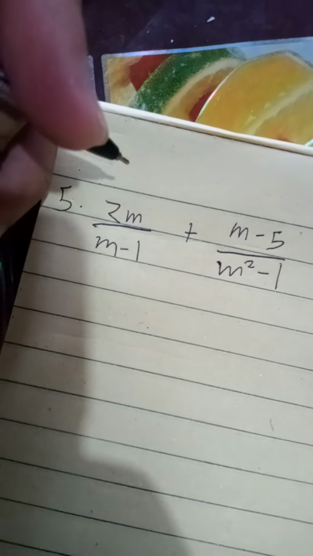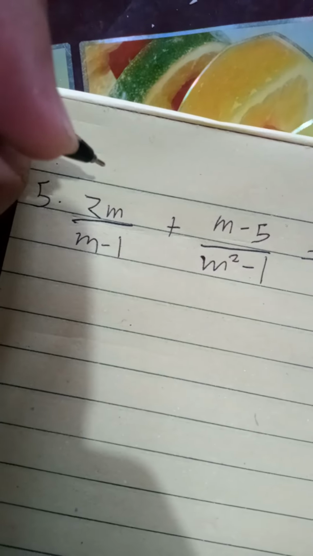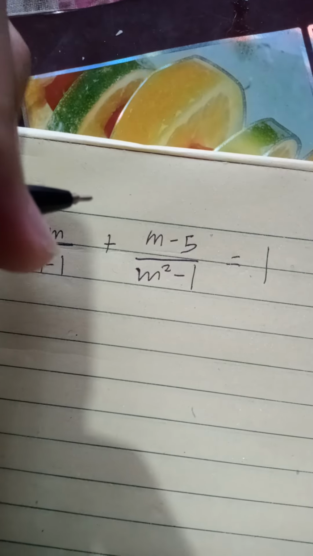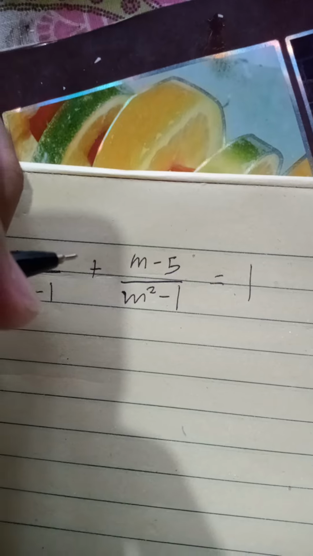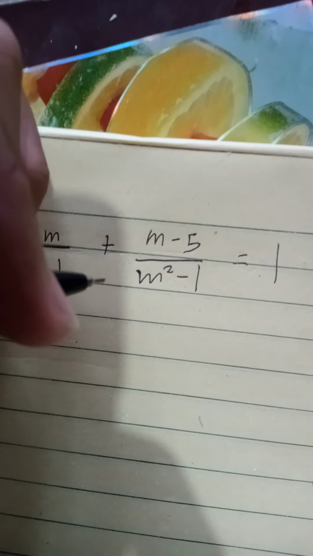Our last question here is number 5. So our question is 2m over m minus 1 plus m minus 5 over m squared minus 1 equals 1.